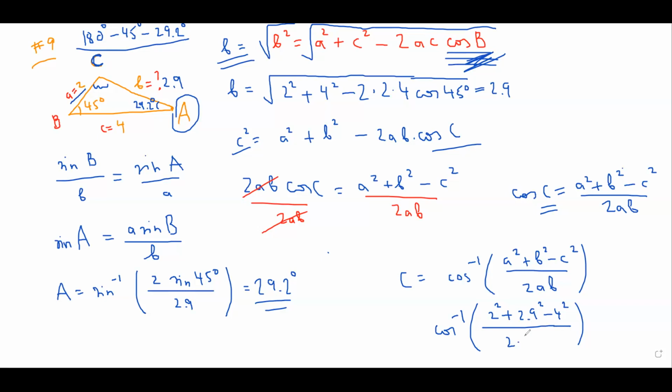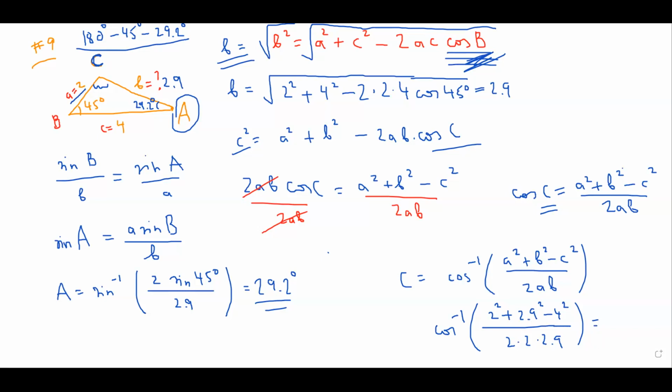And then 2AB, so it's 2 times 2 times 2.9. And this is what I'm going to put in my calculator and hope that we're going to get the angle that totals with the other two as 180, right? So let us do this.